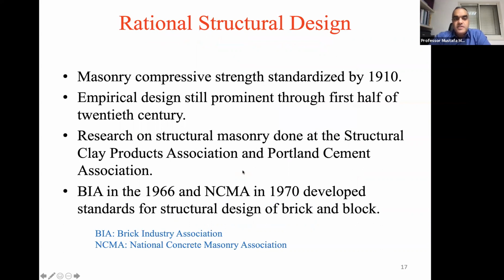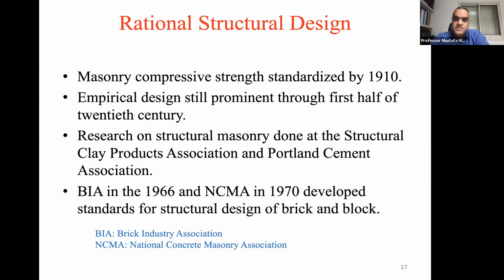Okay, for the structural design, so things started in the design of masonry. It's been used for thousands of years. But from an engineering standpoint, in the modern era, there was an empirical design that was developed, and that was used in the first half of the 20th century.